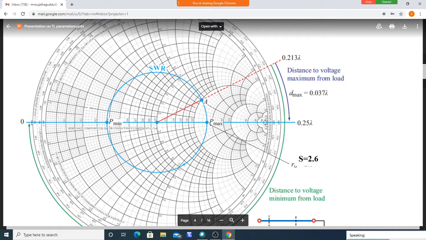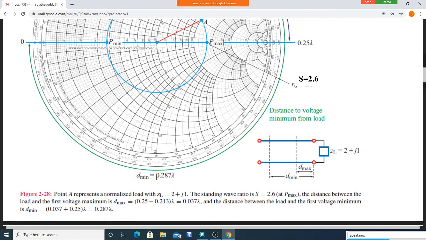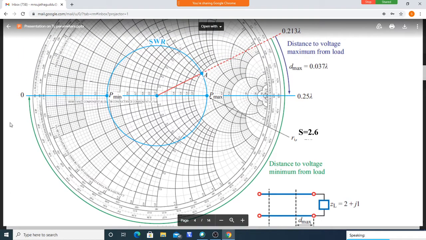This is 0.5, and after that it starts again from 0, because 0.5 is the full value. 0.5 minus this value 0.213 is around 0.27 lambda. See here, 0.27 lambda. So that is the minimum distance from here to here.